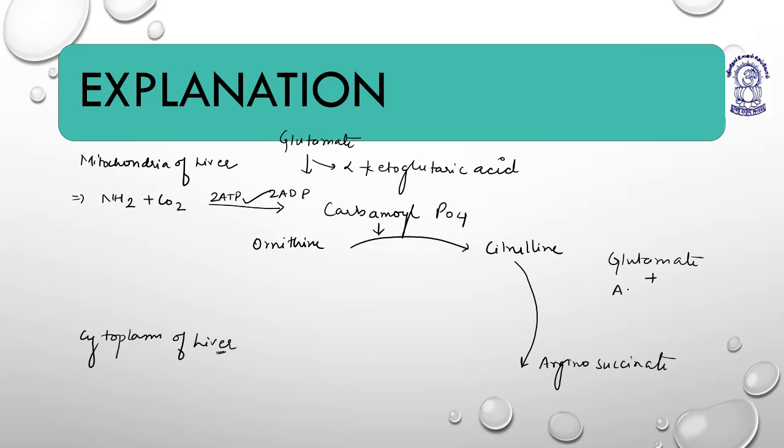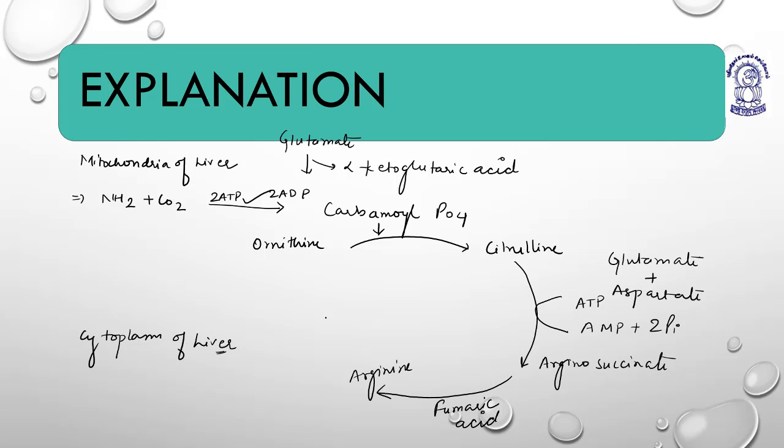Citrulline plus aspartate, with ATP converted to inorganic phosphate, forms arginosuccinate, which further forms arginine along with fumaric acid.